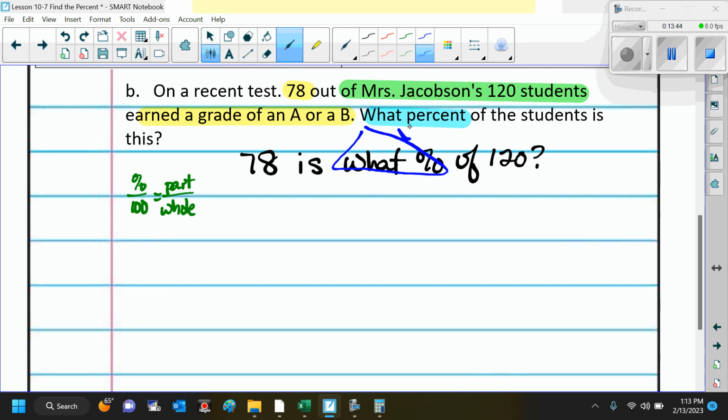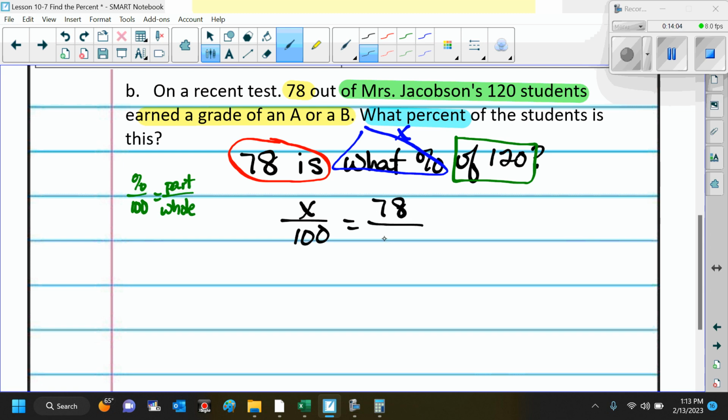Wherever it says what, that's our x. We have the is number, which is the part, that's 78. And we have the of number, the total number of students, 120. So we have x over 100 is equal to 78 over 120.